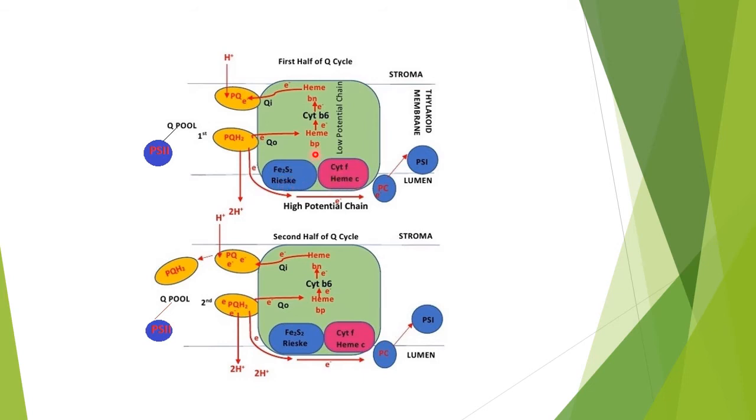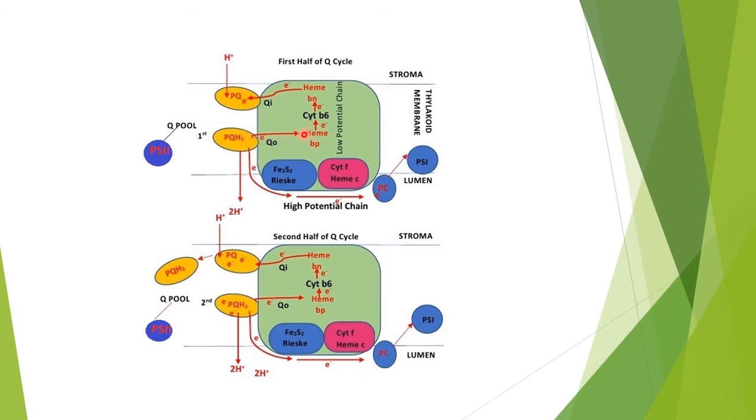Then there is cytochrome B6, which is comprised of cytochrome BP and cytochrome BN, and this cytochrome has two catalytic sites. One is called the QI site, which is the input site, and the QO site, which is the quinone output site. Now what's happening, briefly, is that once there is a plastohydroquinone, if one plastohydroquinone is taken by this QO site, the output site, there is a differential transference of electrons.